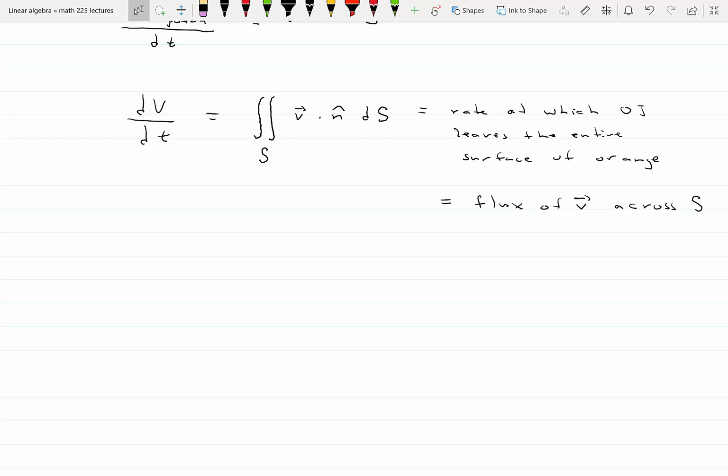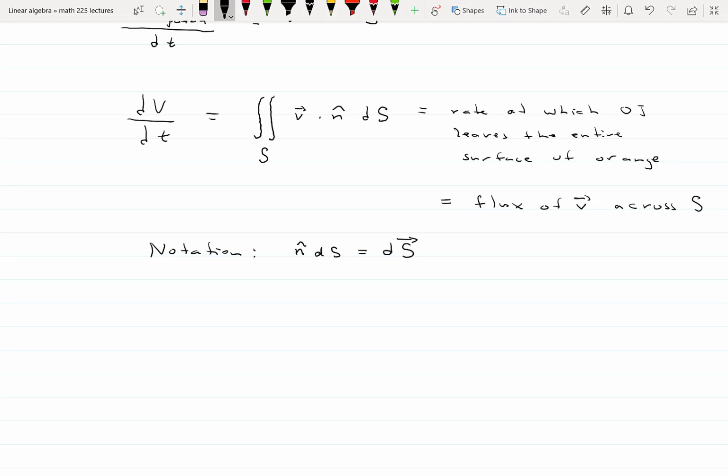Okay, there's an alternate notation for this, and it's a very common notation. It's very common to label n ds as dS for surface area, but as a vector.